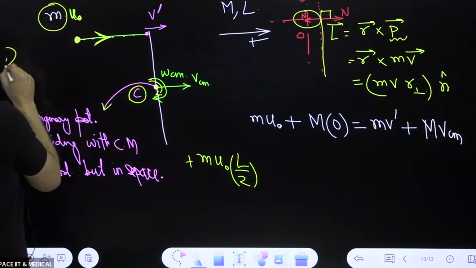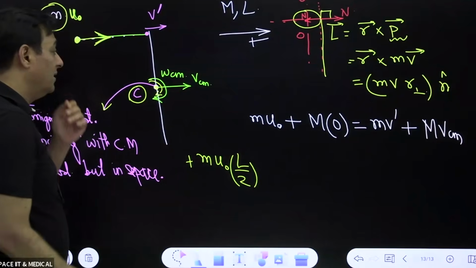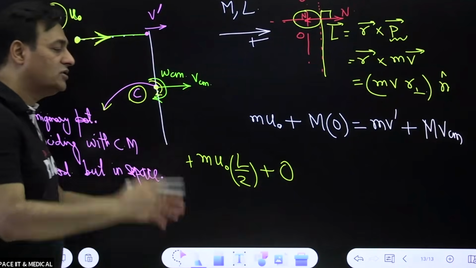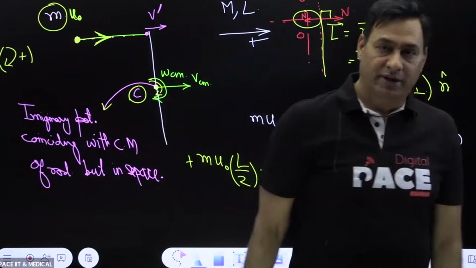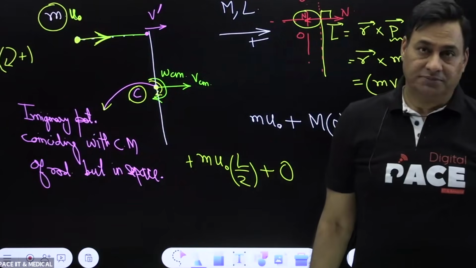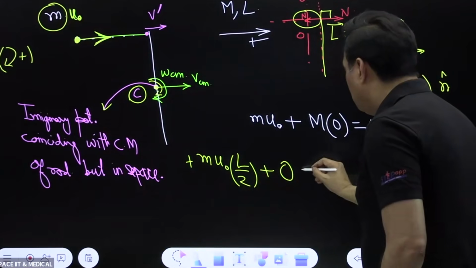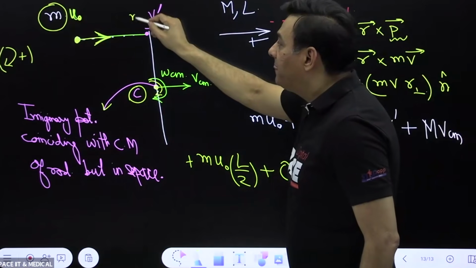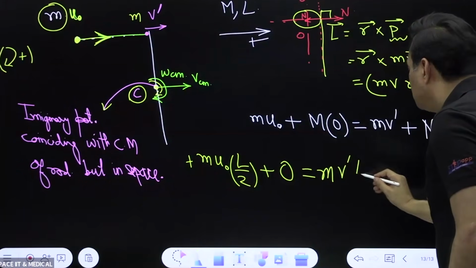You mention this, anti-clockwise will be negative. Okay. Now, for the rod, initial angular momentum is 0. The rod was not translating nor rotating. So there is no angular momentum before collision. Now, after collision, angular momentum of the point mass will be m v dash into perpendicular distance L by 2.